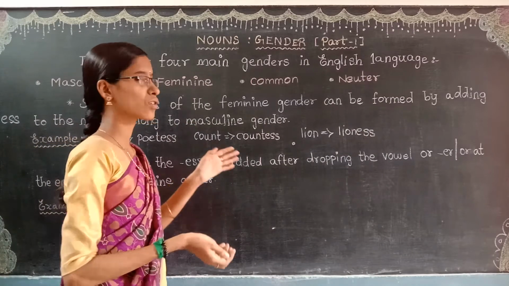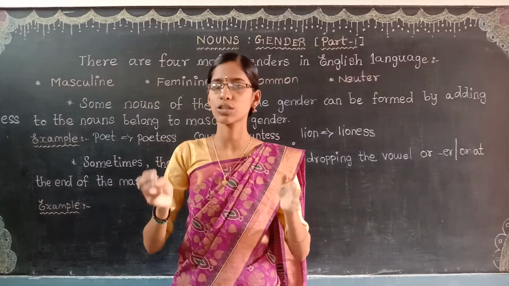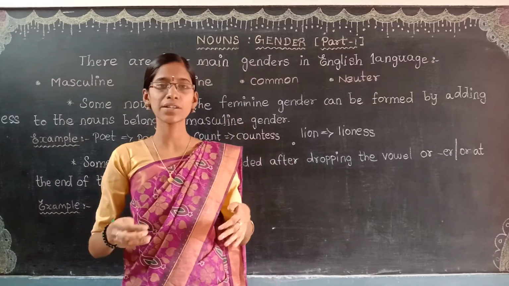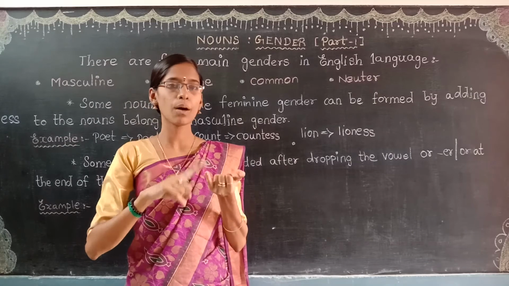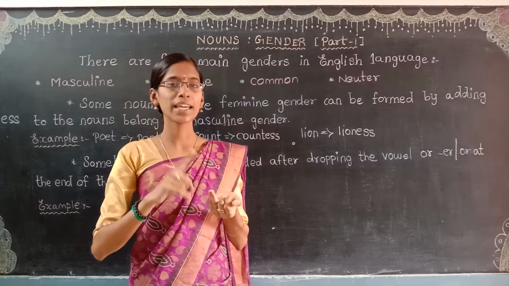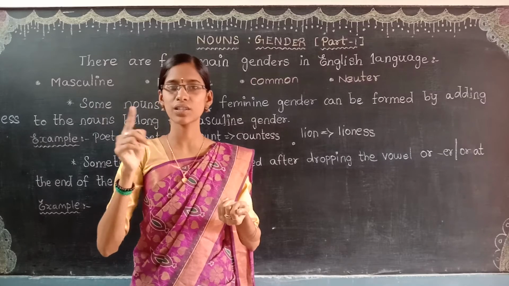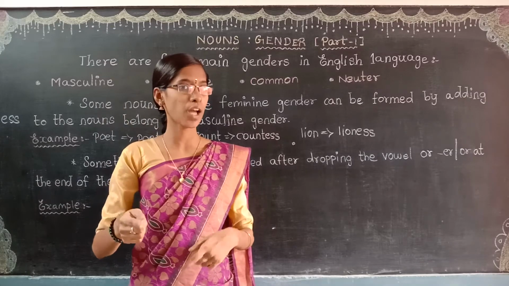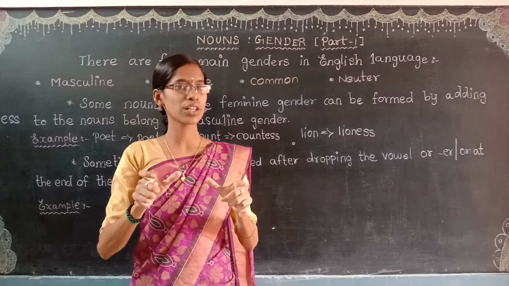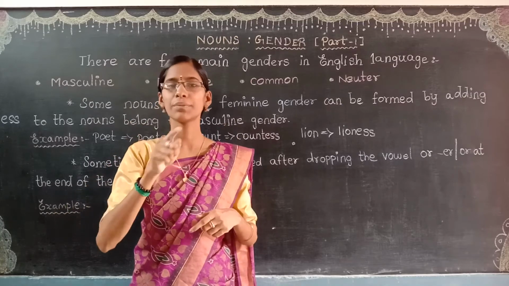So in our first rule, we simply add ESS to the masculine gender. But in our second rule, we have to drop a vowel in that word or we have to remove ER or OR at the end of the masculine gender and then you have to add ESS to the masculine gender word to form a feminine gender.